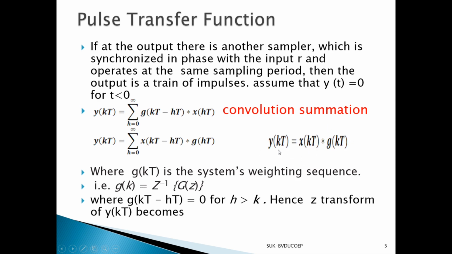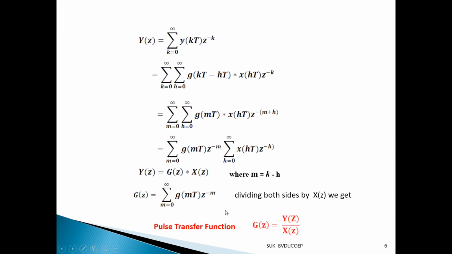The output sample sequence is the combination of the input sample and the impulse response, where g(kT) is the system's weighting sequence, the inverse Z transform of G(z), and g(kT minus hT) equal to 0 for h greater than k.